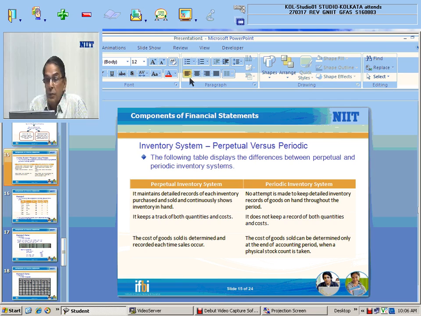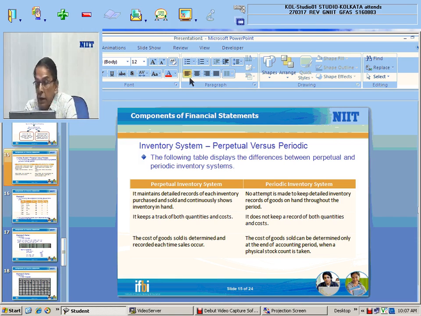Here no attempt is made to keep detailed inventory records of goods on hand throughout the period. Only at the end of the accounting period, whatever inventory is left is found out and its cost is determined at that point of time. So during the year, at any point of time, the cost of the inventory may not be available because there is no record keeping.